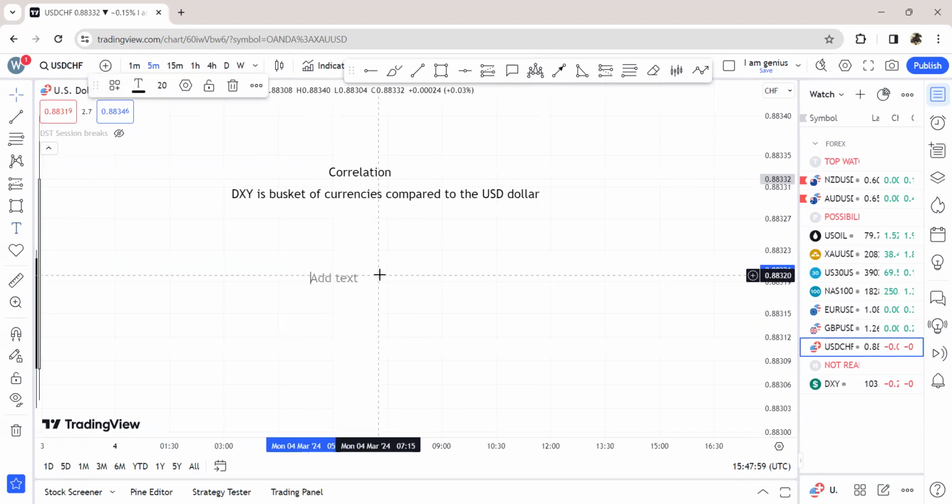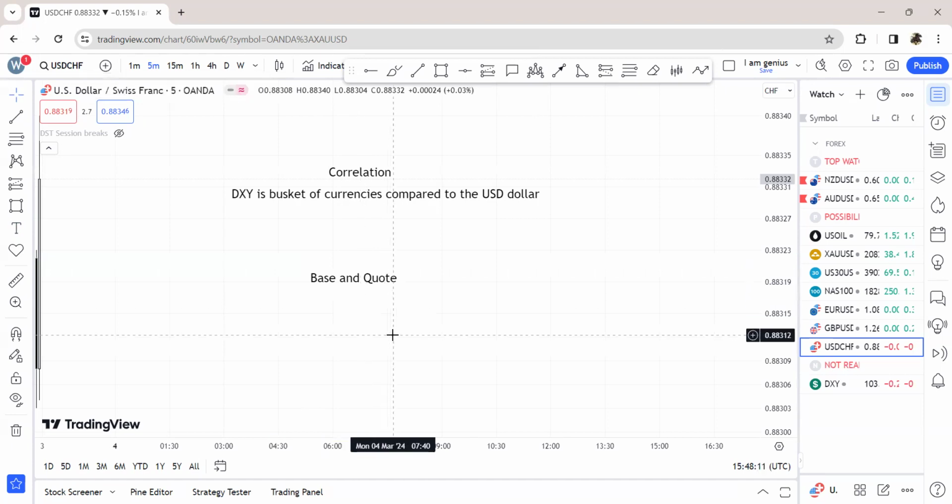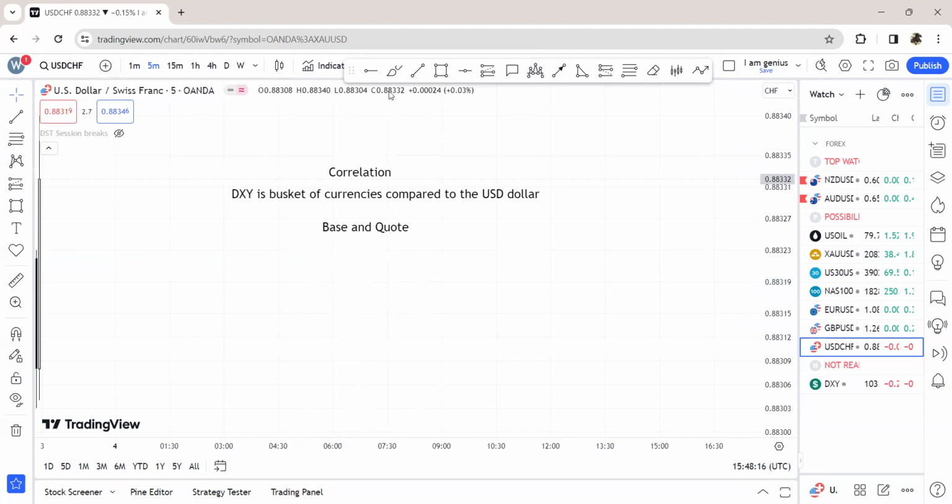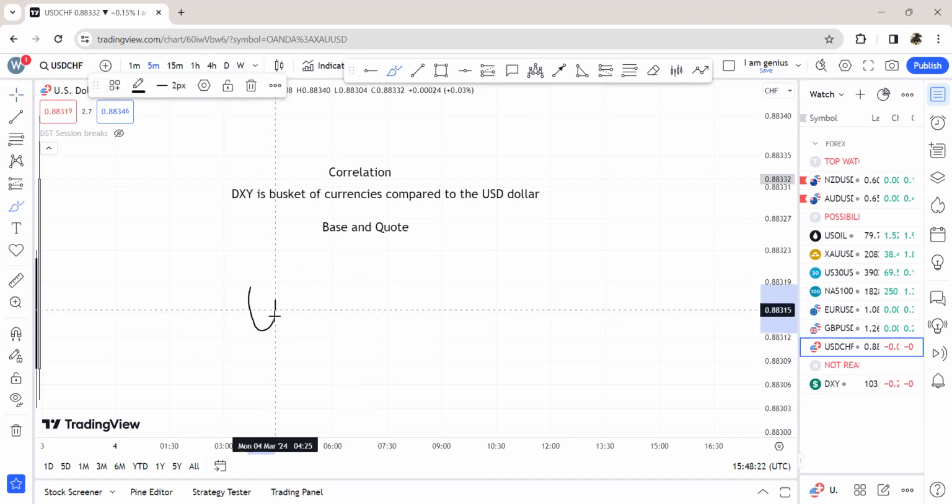We're going to go back to something we did, I think, in one of my videos, base and quote currencies. In one of my videos, I think it was on fundamentals, I explained this concept of quotes and base currencies in detail. But for the sake of this video, let me just explain what a base and what a quote is.